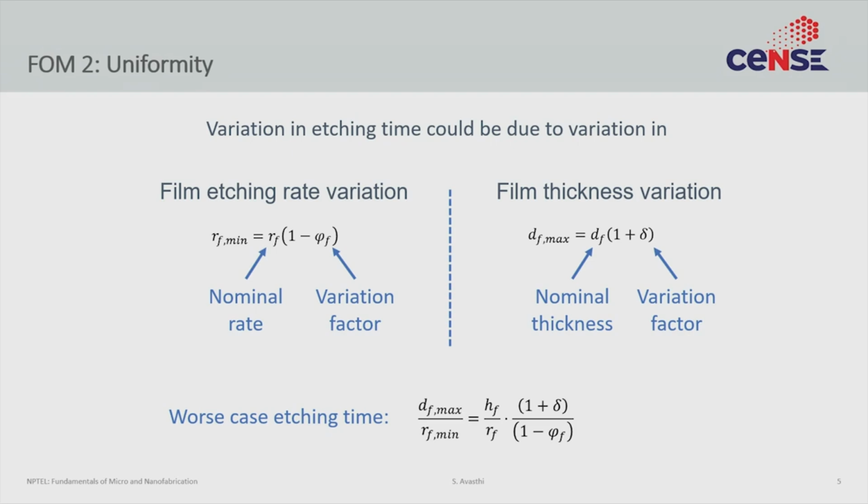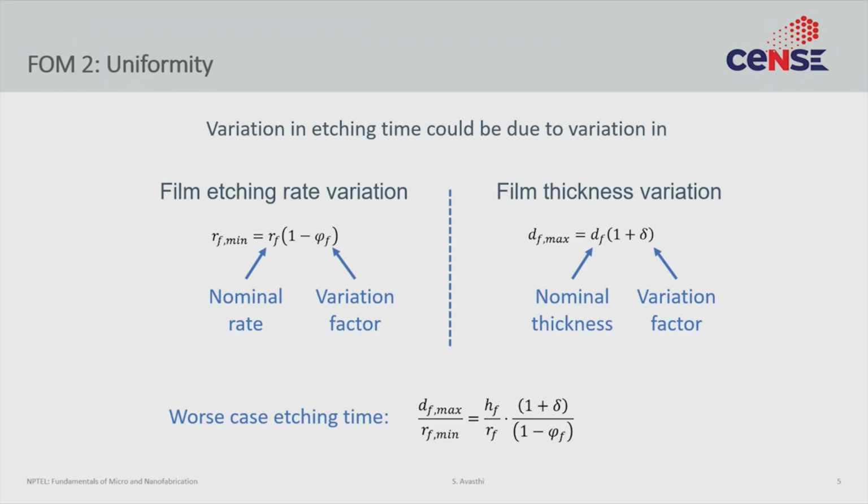In the worst case, you would have an etching rate that is slightly lower than nominal, but you would also have some non-uniformity associated with the film. So when you did the deposition, you had a nominal deposition rate, but that deposition rate was also not exactly uniform. So when you are calculating the etching time, you also have to remember that the film might also be non-uniform.